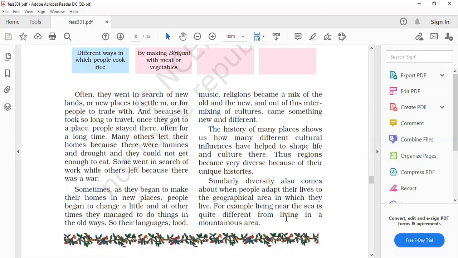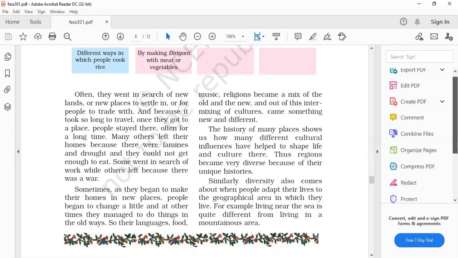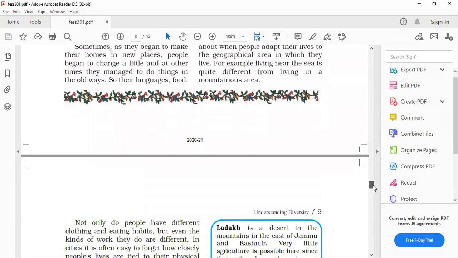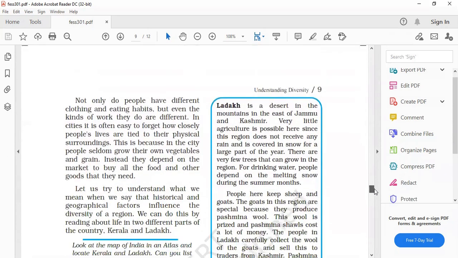Underline the word lines also. And what do you think? The sea is plain land and the mountain is at a high altitude, so people need so many efforts to live there, right? So underline these things and write your answer according to that.